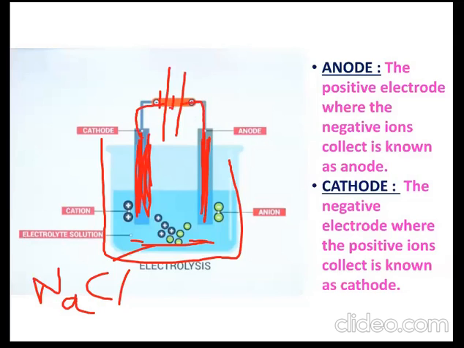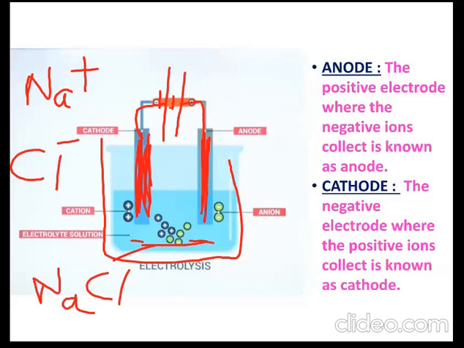Now be very careful. When you are passing current through NaCl, the NaCl gets decomposed into Na plus and Cl minus. Na plus becomes the positive ion and Cl minus the negative ion.